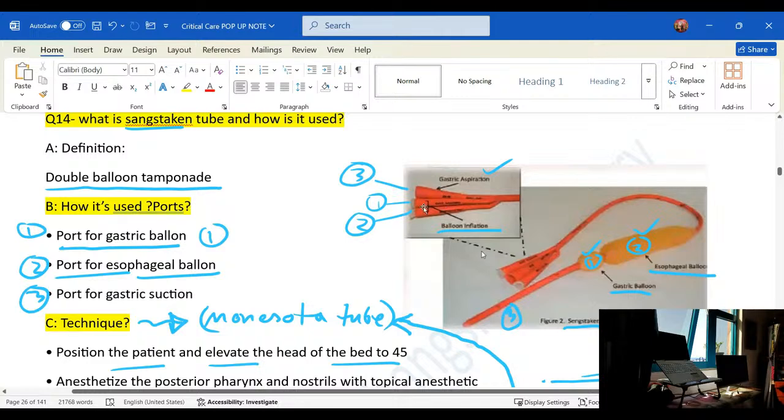One is for gastric, one for esophagus, and another one for gastric aspiration. With one you can take out the air or the content, and with two they can inflate these two balloons. So this is double balloon tamponade.